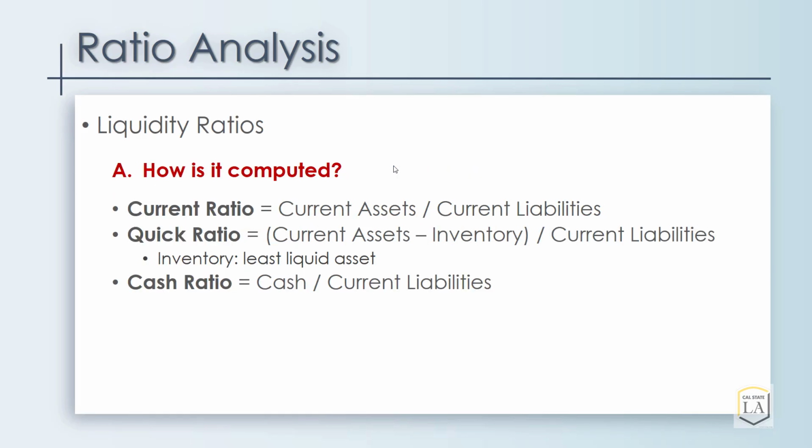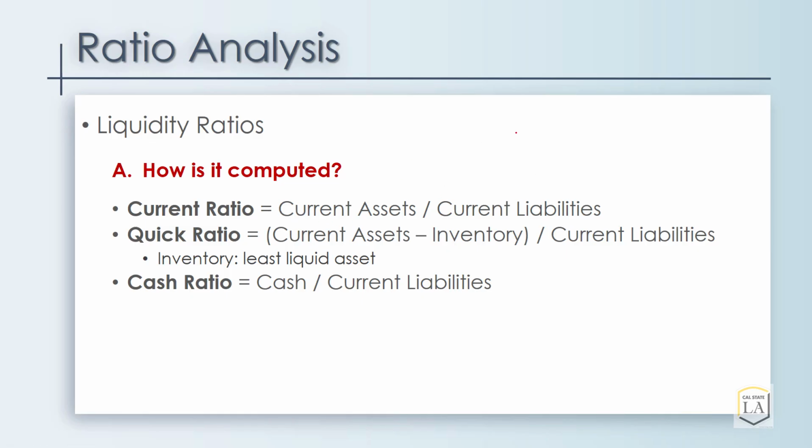So group one, liquidity or short-term solvency ratios. How are they computed? There are three ratios under the category of liquidity. And the first thing you see is the current ratio. Current ratio is computed as the ratio between current assets and current liabilities.